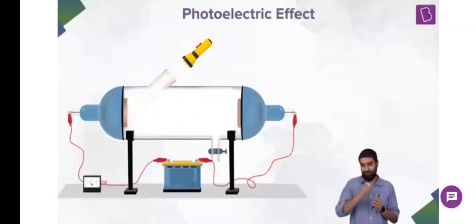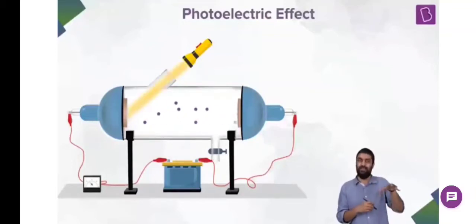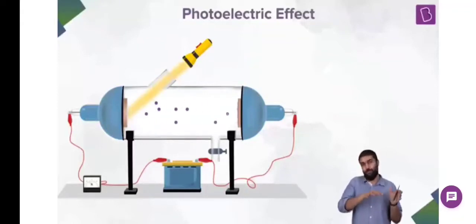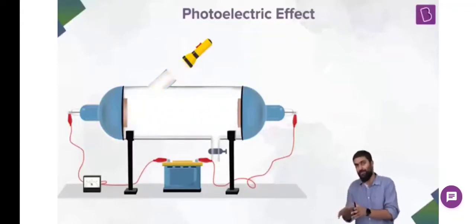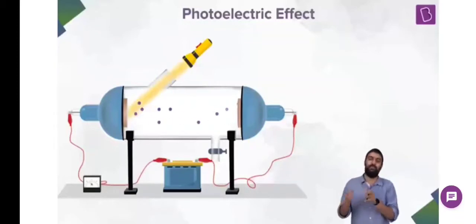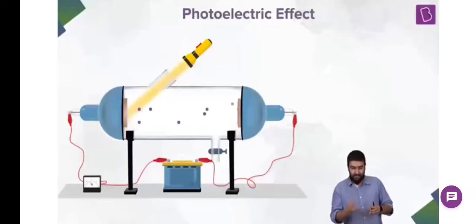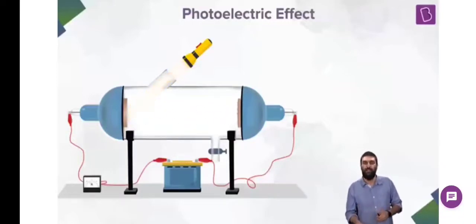Let's hold this discussion at this point. Now I want to bring in another analogy. I'll establish this analogy, then I'll come back to the loosely held electrons. Let's say I have this ball here. I throw it up in the air. It goes up, momentarily stops and comes back.